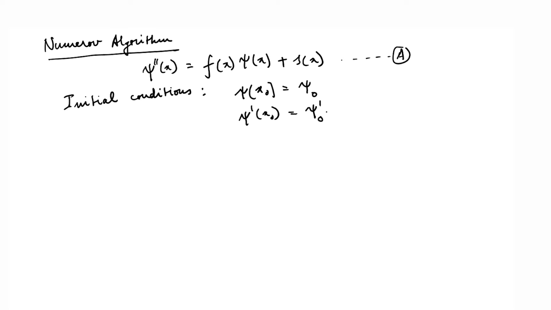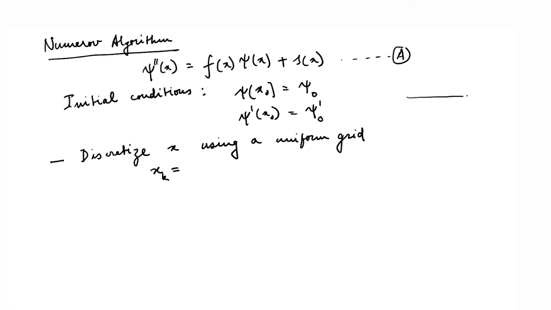So, this is what we want to solve, and we want to solve it for a complete range of x. So, what we need to do is discretize x using a uniform grid. What it means is basically x at the kth point of my grid.